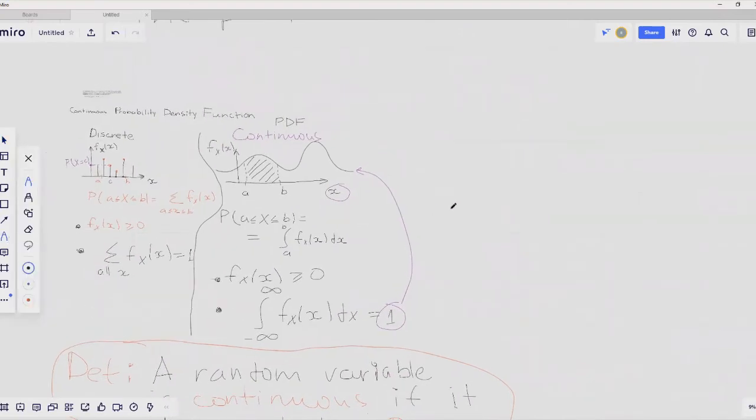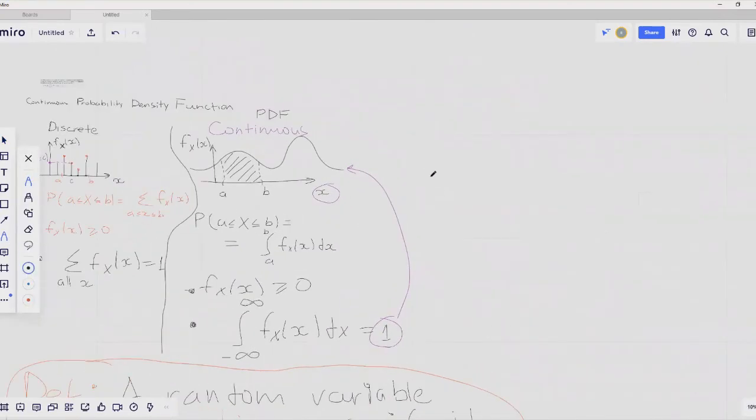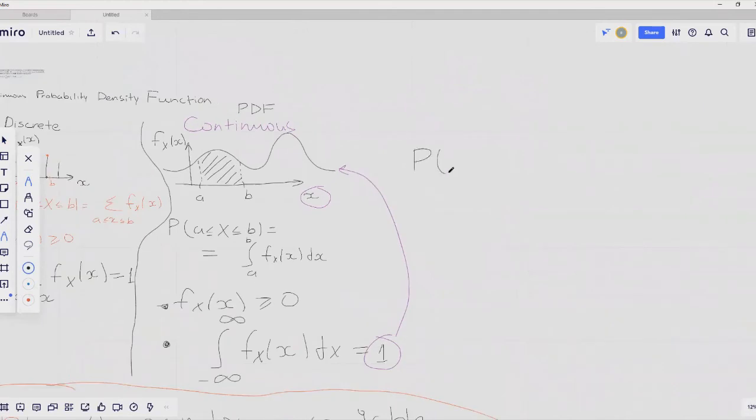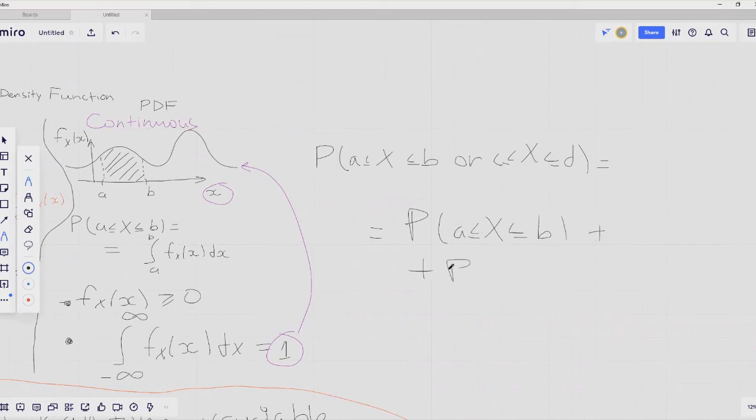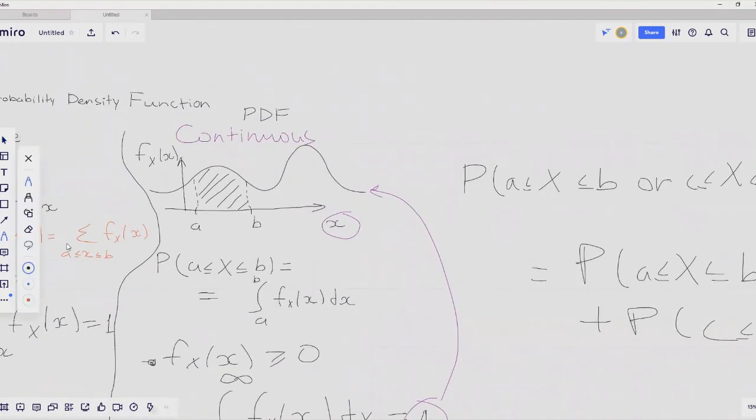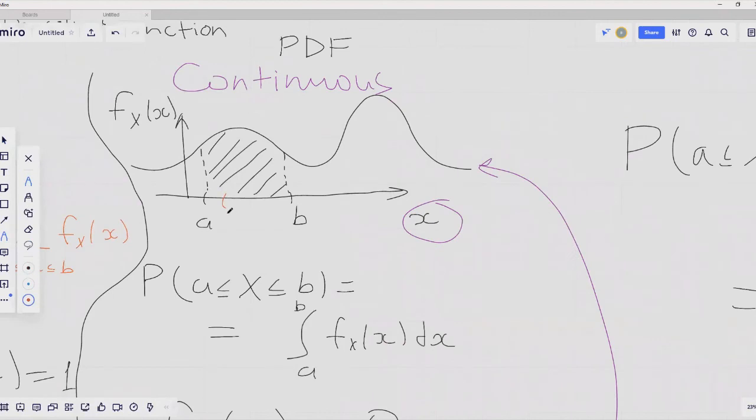And if we are looking for probability of more complex intervals, let's say probability that our random variable x lies in interval from a to b, or on interval from c to d, then, using the additivity property, we can split that into the sum of the following two probabilities, which we can calculate by finding an area under the following two intervals.